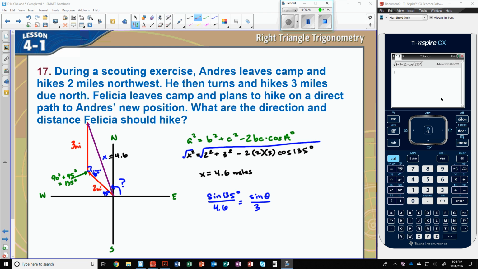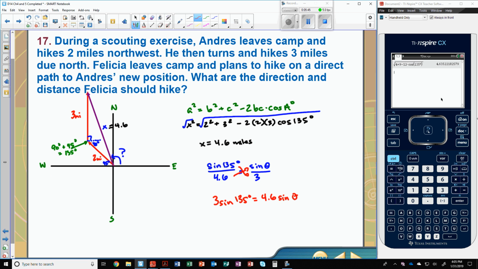I'm going to cross multiply and divide. So we'll have 3 sine of 135 degrees equals 4.6 sine theta. To get sine theta by itself, we divide by 4.6. To break sine apart there, you'd have to take the sine inverse. So what we're going to type in our calculator is sine inverse of 3 sine 135 degrees over 4.6.